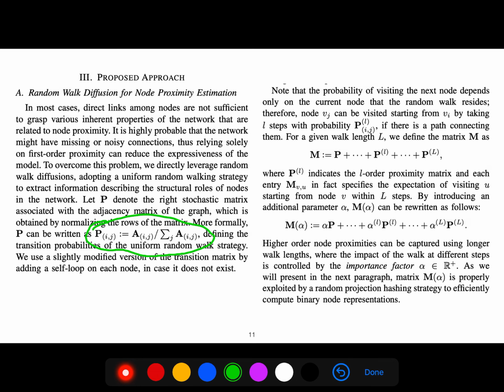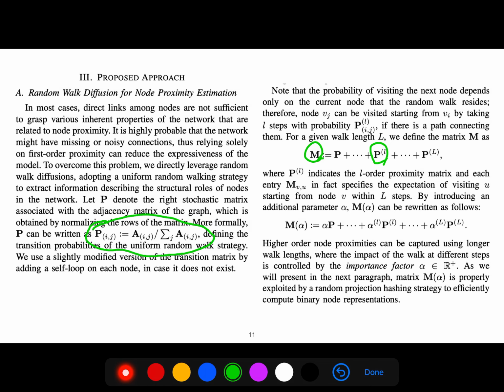Therefore, node v_j can be visited starting from v_i by taking L steps with this probability, if there is a path connecting them. For a given walk length, we define this matrix M. So P^L indicates the L-th order proximity matrix, and each entry in fact specifies the expectation of visiting u starting from v.